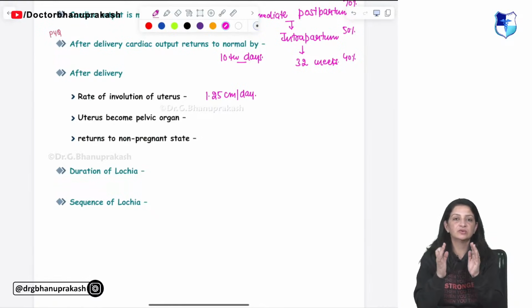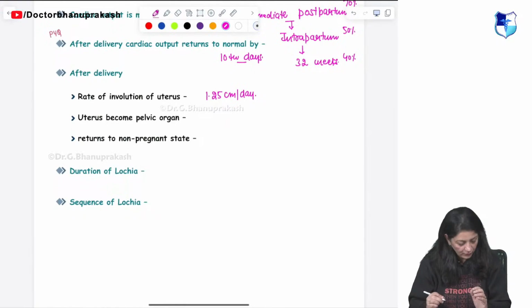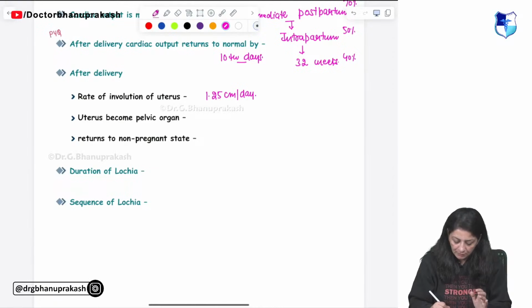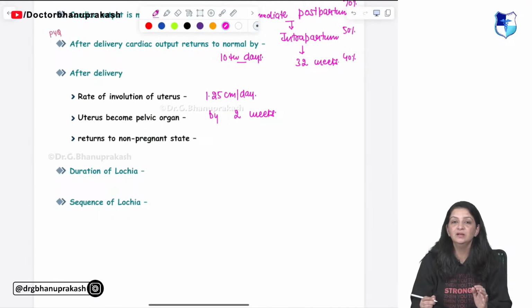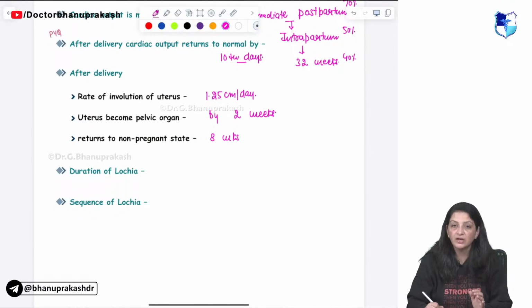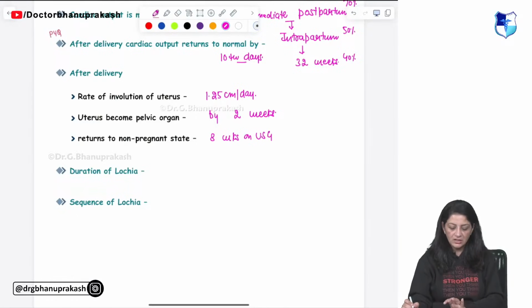Slowly the uterus comes back to its position. The uterus becomes a pelvic organ by 2 weeks, and returns to the normal non-pregnant state by 8 weeks on ultrasound.